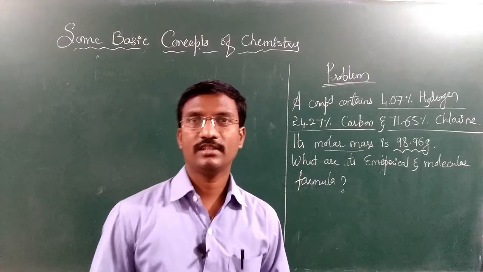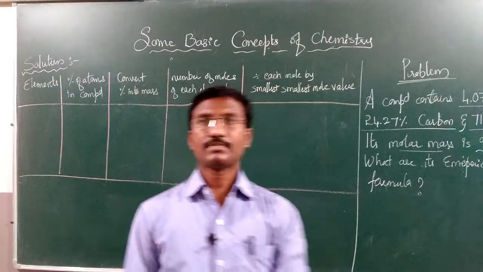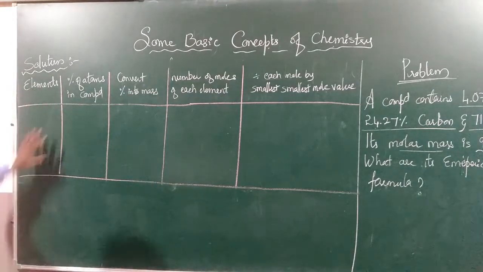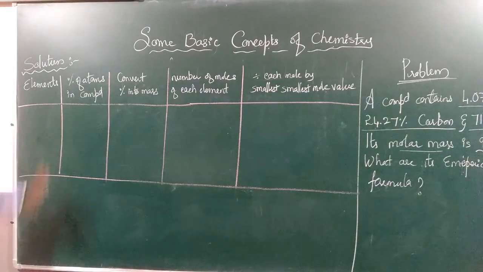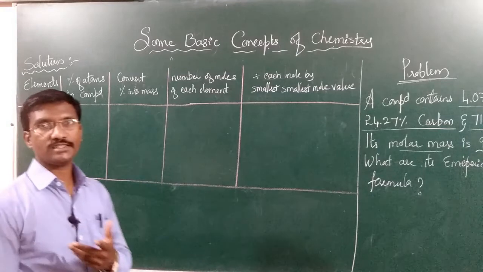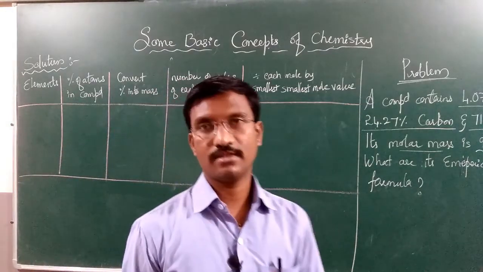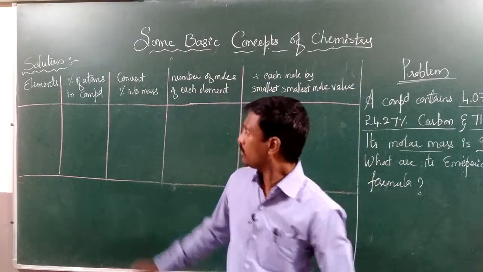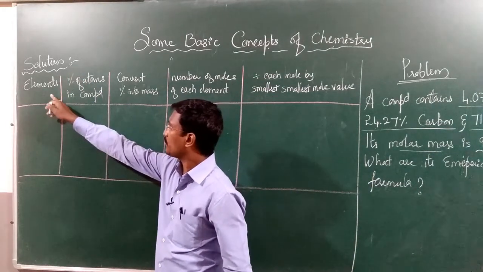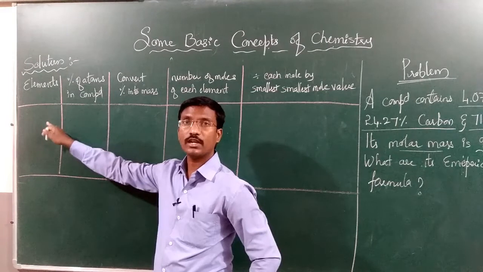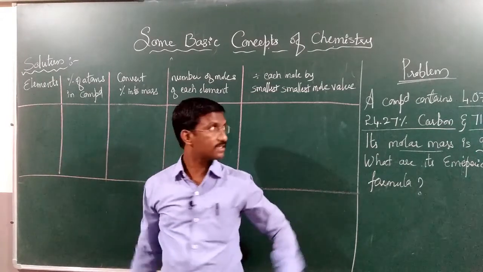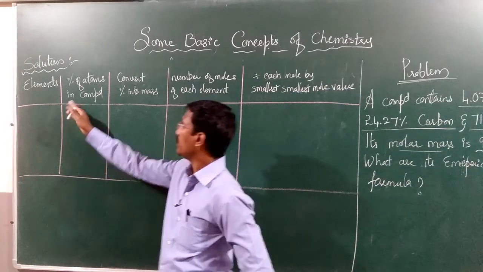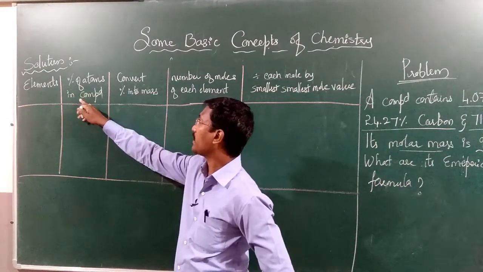So see the solution. To this problem, the solution is that you have to draw a chart. This chart is important. You have to practice this chart and what you have to write. In this solution, first I have written the elements. The elements present in the problem, given in the form of percentage, you have to write by name. Next, you have to write the percentage of atoms in the compound.